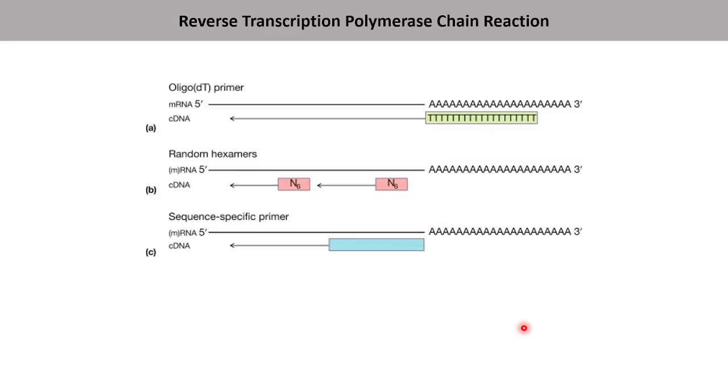As we know, the functional mRNA has a poly A tail, so it will have multiple A's attached at the 3' side. So what these oligo-dT primers do is, with multiple T nucleotides, they get bound to the poly A tail of the mRNA, and start the production of cDNA from that direction. So these are the three primers that are used for reverse transcription polymerase chain reaction.